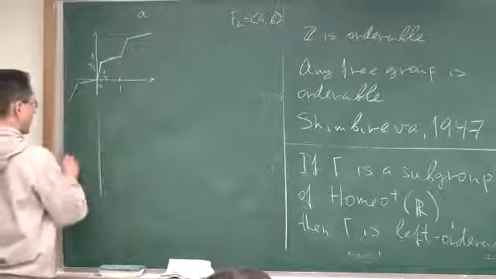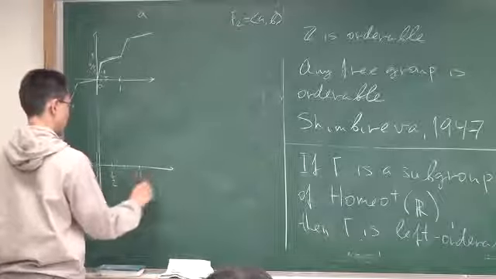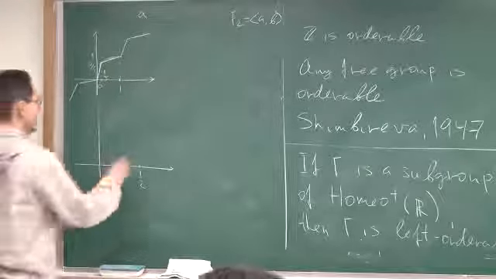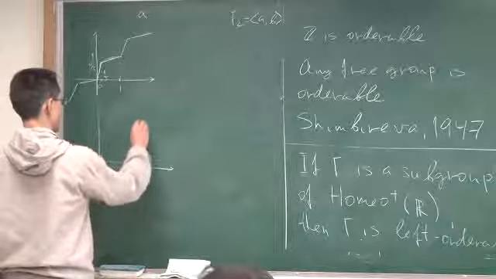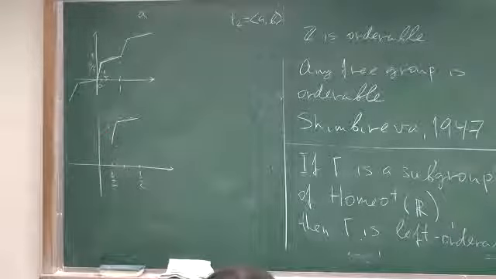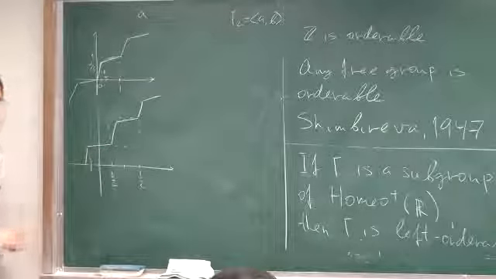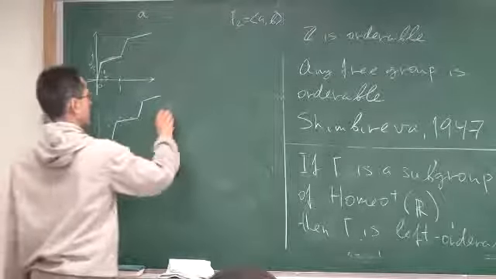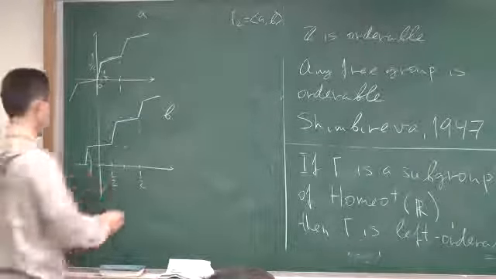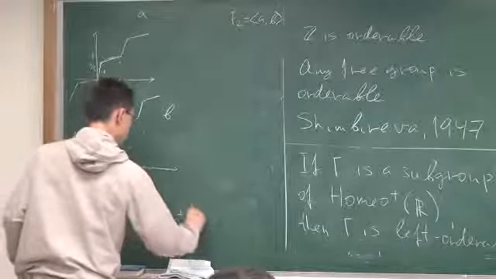And for B, you shift this whole picture by 1/2 to the right, and then shift it up by 1/2. So it's exactly the same picture, just shifted up and to the right by 1/2, and repeat. Call this B. Then A and B belong to the homeomorphisms of the real line.